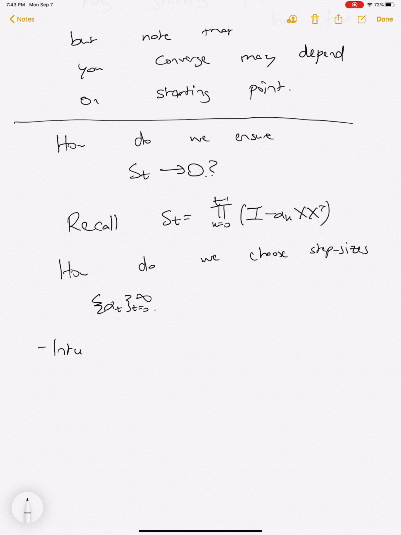So the intuition, we're going to try to be a little more rigorous later, but the intuition is that this matrix I minus alpha k xx transpose should be between the identity matrix and 0, since xx transpose is going to be positive semi-definite. And so this is referred to as kind of a contractive.